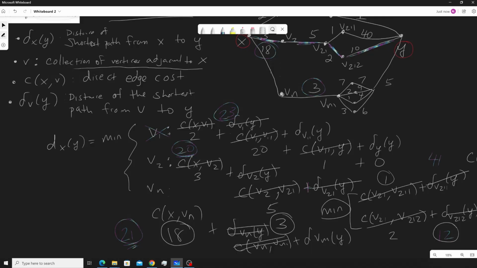Okay? So this Bellman-Ford equation is essentially going to be acting as that driving factor for how we evaluate these tables. So moving on to the two-dimensional table. We'll go back to that same example.